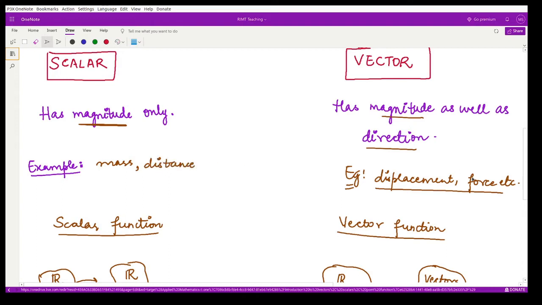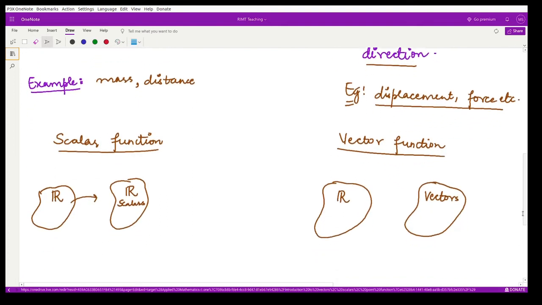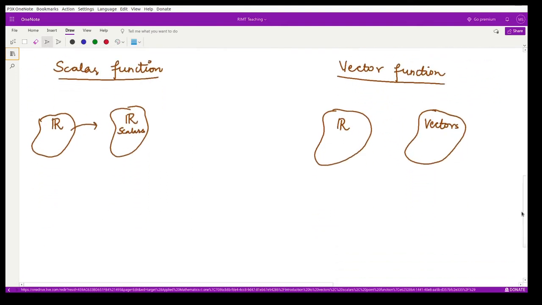Now next we shall be talking about scalar functions and vector functions. So first of all, what is a function? Anybody? A function is something such that you take an element from the domain and then you pass it on to something called a machine.